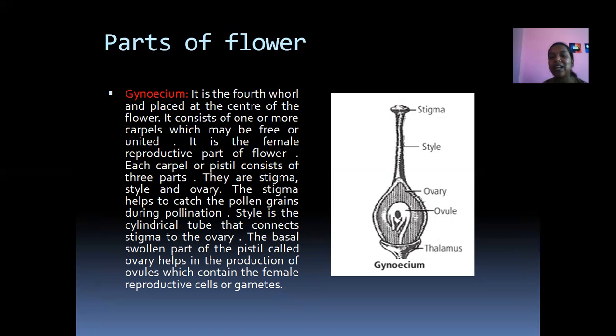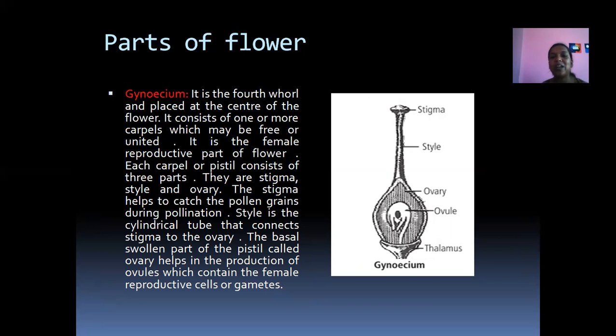The stigma catches the pollen grains and they pass through the style, and then the pollen grains collect in the ovary where the ovule or female gametes are produced.